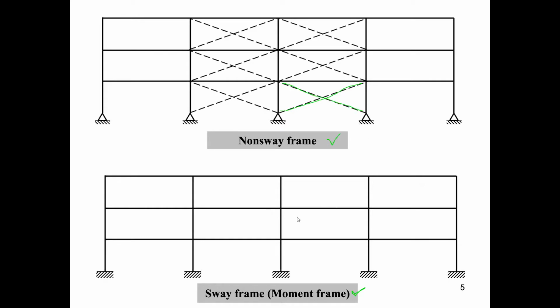A sway frame is a frame whose ends can translate with respect to each other. The applied forces are resisted by the bending moment and shear strength that are inherent in its members and the connecting joints.